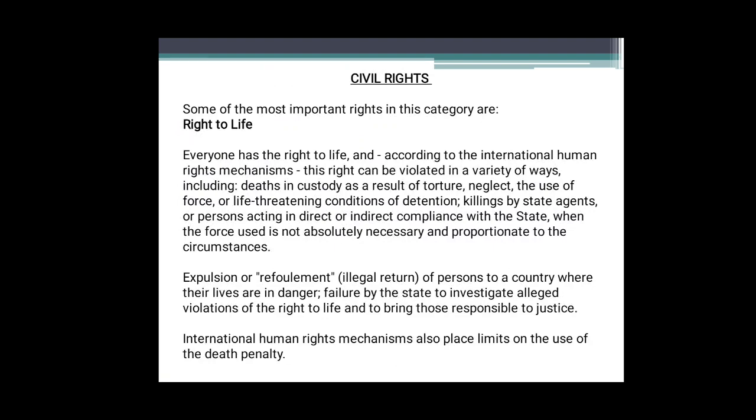Everyone has the right to life, and according to the international human rights mechanism, these rights can be violated in a variety of ways, including deaths in custody as a result of torture, neglect, the use of force or life threatening conditions of detention, killing by state agents or persons acting in direct or indirect compliance with the state when the force used is not absolutely necessary or proportionate to the circumstances.